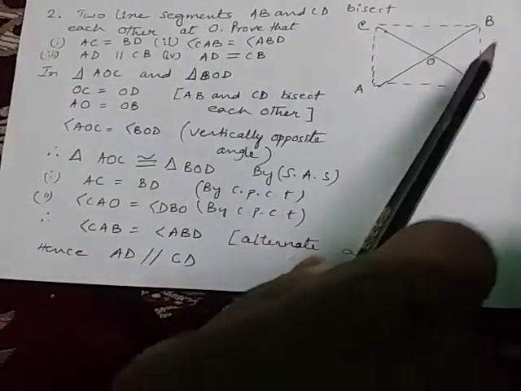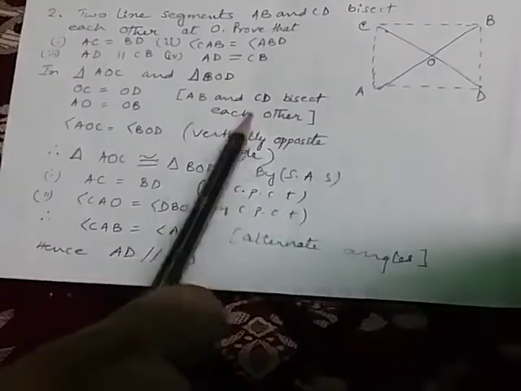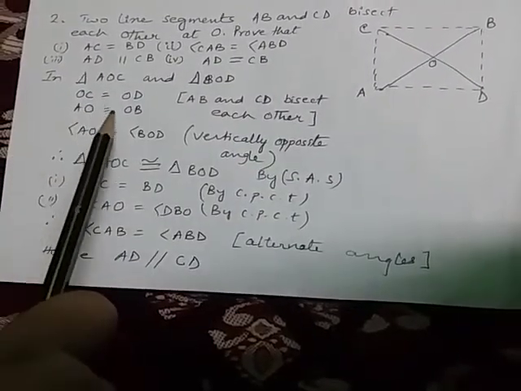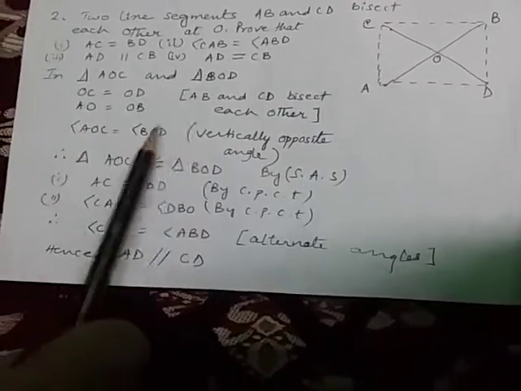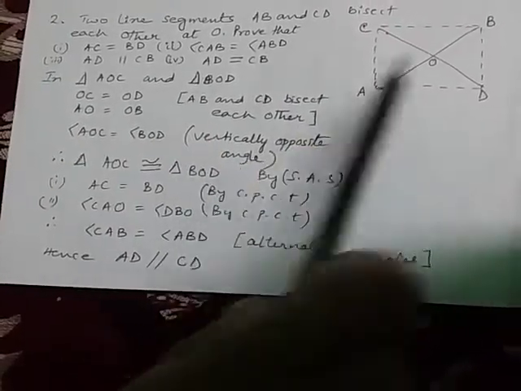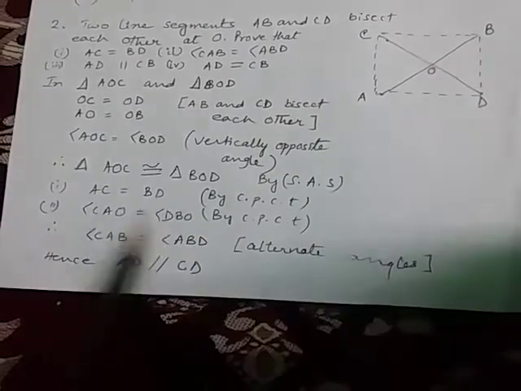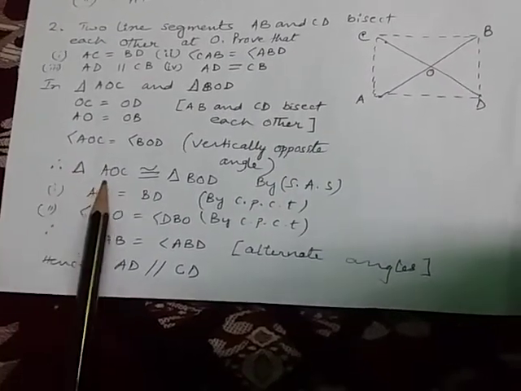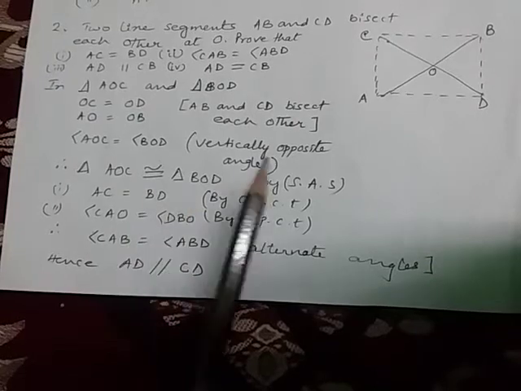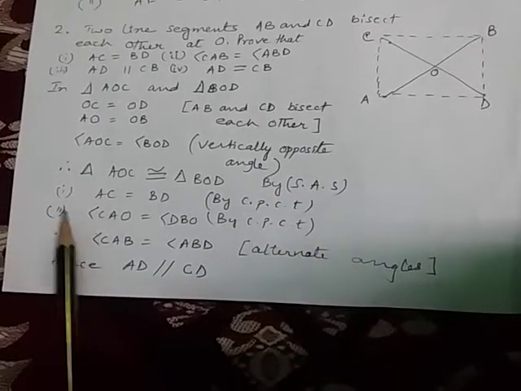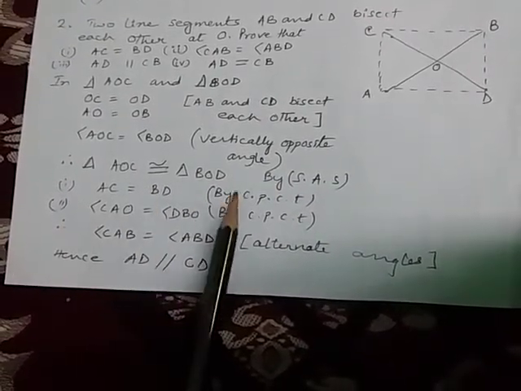Why? Because AB and CD bisect each other. AO equal to OB, same. Angle AOC equal to BOD is vertically opposite angle. These two angles are vertically opposite angles. Therefore, triangle AOC is congruent to BOD by side angle side, and AC equal to BD by CPCT.